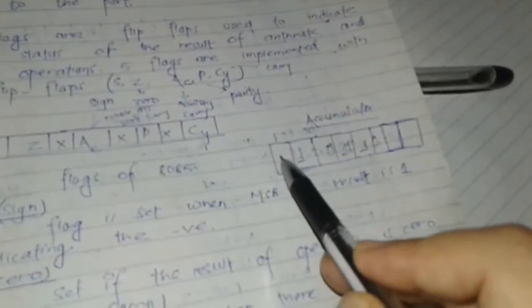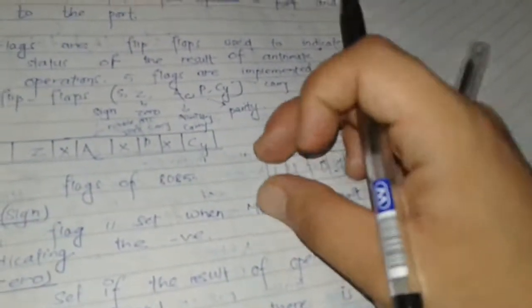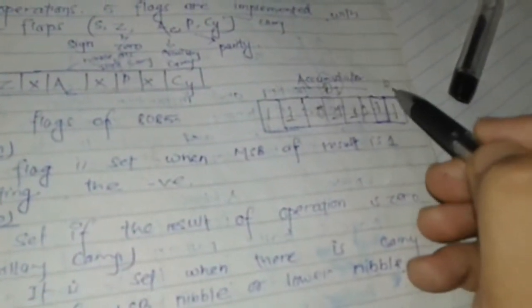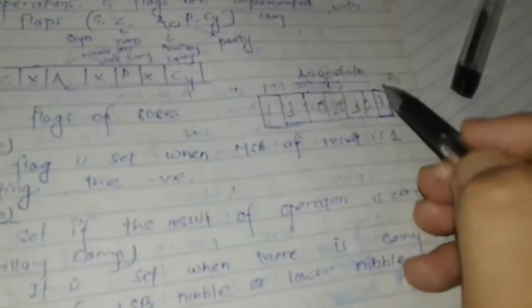This is one register, and we have another register, and if we are adding the two registers, while doing some operation we can get a carry over 1 from D3, let's say from D0, D1, D2, D3, D4, D5, D6 and D7.